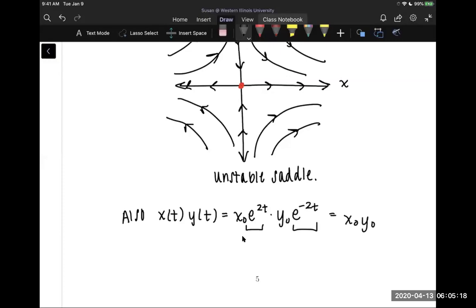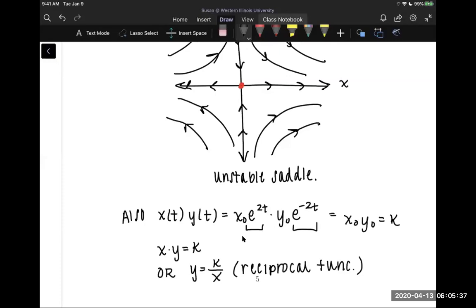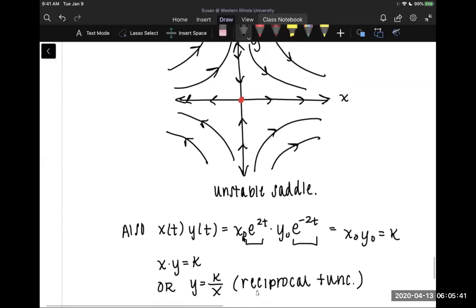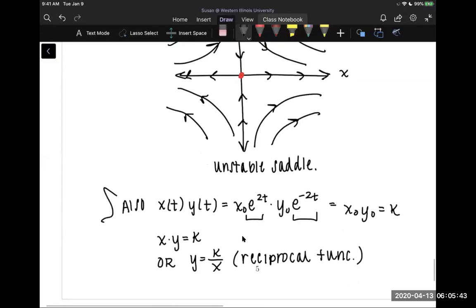So if I just call that some other constant k, what I have is x times y equals k, or y equals k over x, which look like reciprocal functions for various k values. And that's exactly what we saw up here in this saddle. So this is just kind of another way to visualize these solution curves.